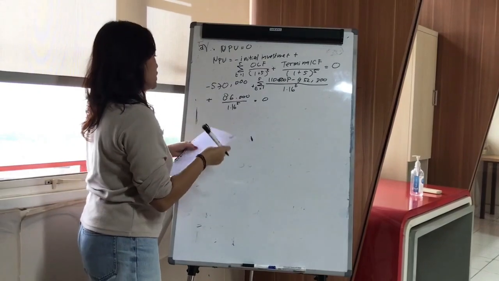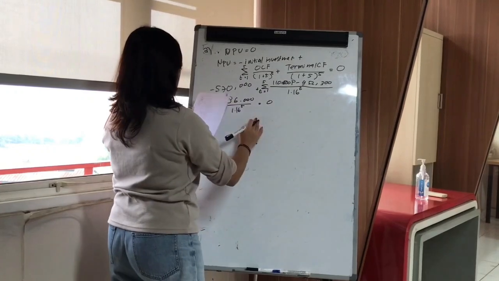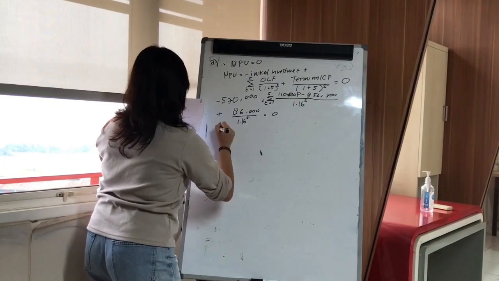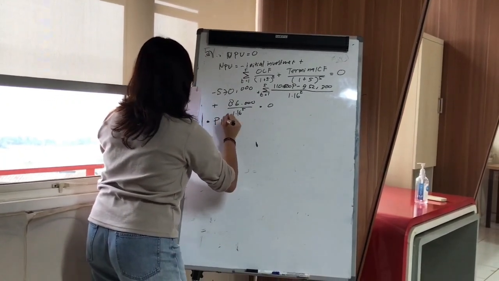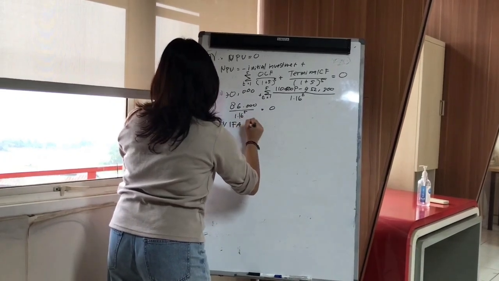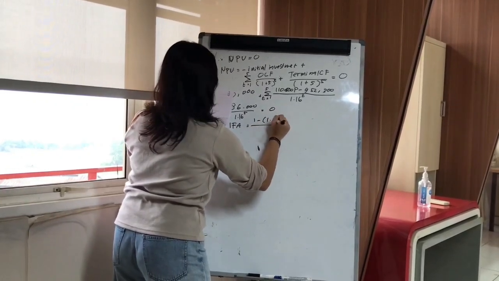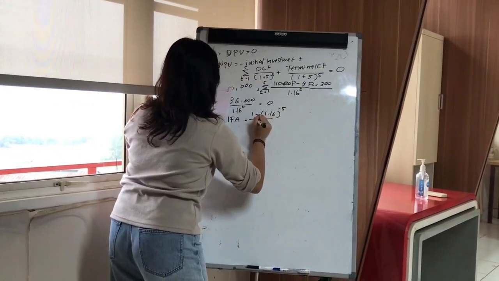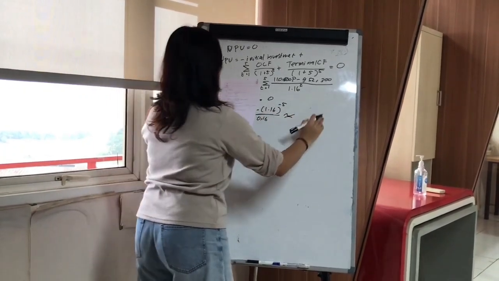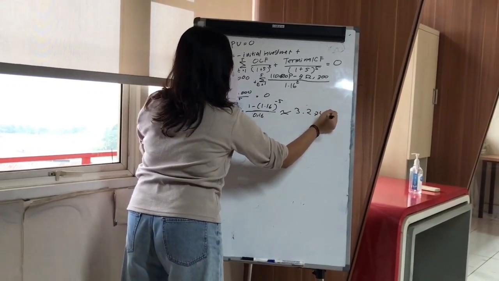Now with this, we are going to use a few references for this one. That is the one where we're using PVIFA, where 1 minus 1.16 to the power of minus 5 divided by 0.16 is at least equal to 3.2743.